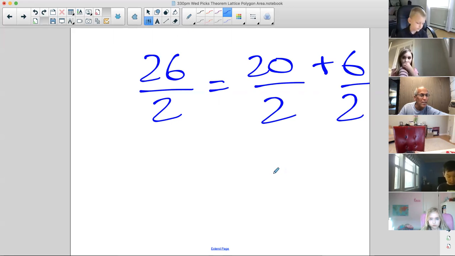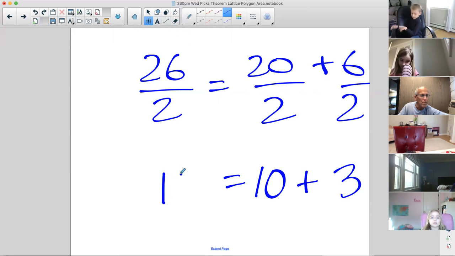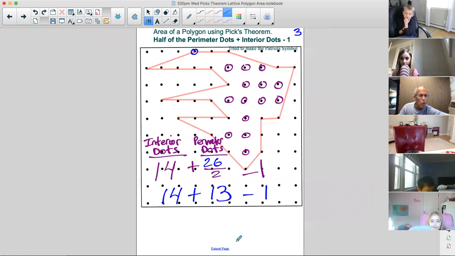Half of 20 is, say it out loud. 10. And half of 6 is? 3. 3. What's that spell? 13. But remember, we have to add 13 to 14 and then take away 1.